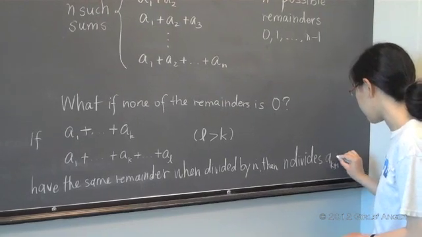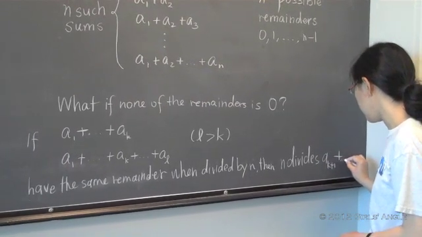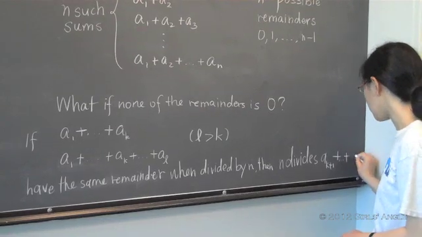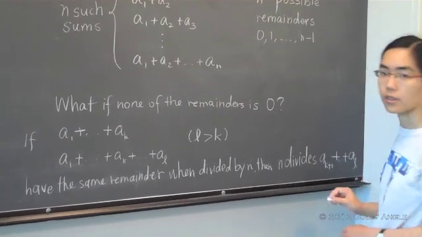It's the sum of the numbers from the k plus first term all the way until the lth term.